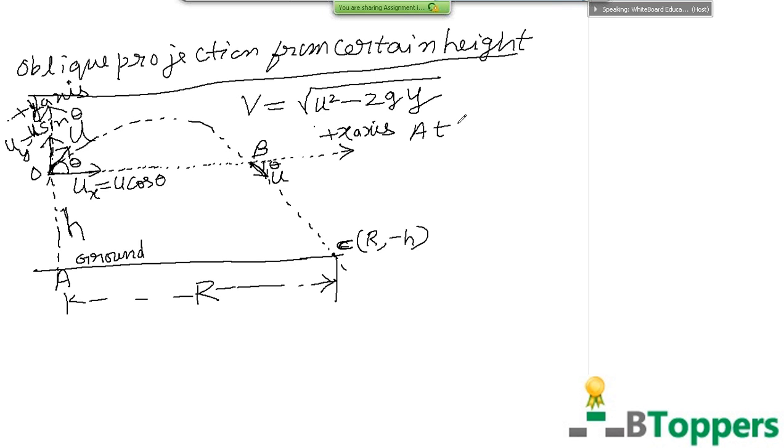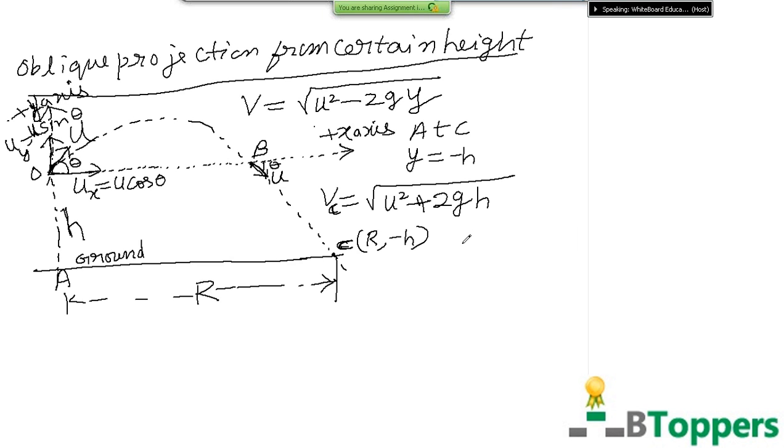At the position C, just before it strikes the ground, you can write y equal to minus h. So you get v at the point C equal to root of u square minus, substituting y equal to minus h, you will get v equal to root of u square plus 2gh.